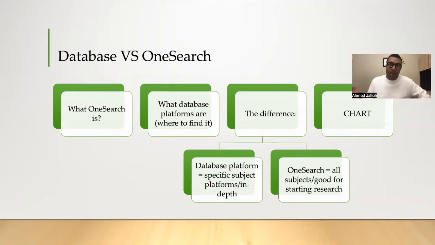So let's say I was doing social media, and then I do the search on OneSearch to search all 95 databases. And then I find out that I want to focus on the way that children use social media. So because of that, I would go to the child development database to get more in-depth information specifically related to the use of social media among children.